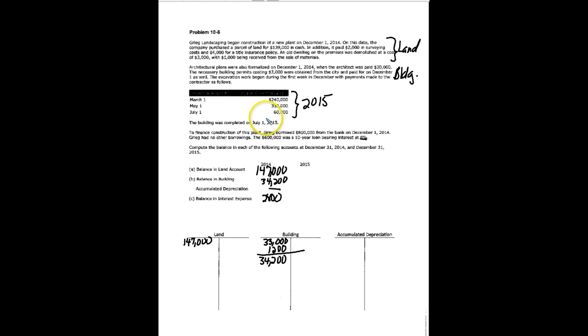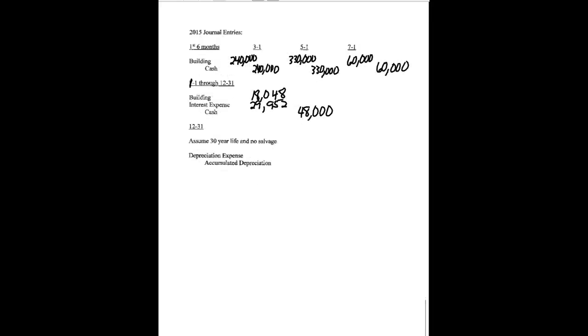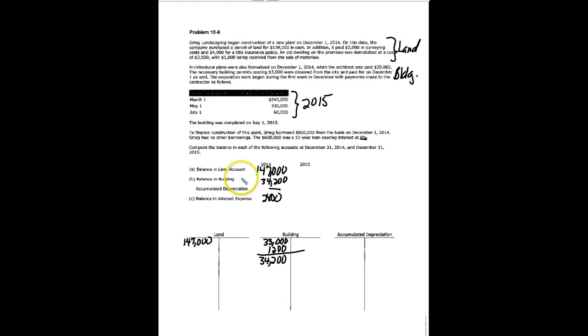Now let's go to 2015 and let's post those journal entries. Okay, so I'm just going to put this 240, 330, and 60, and 18,048, all of those in the building account. So, 240,000, 330,000 for 2015, 60,000, and then we capitalize interest of 18,048.